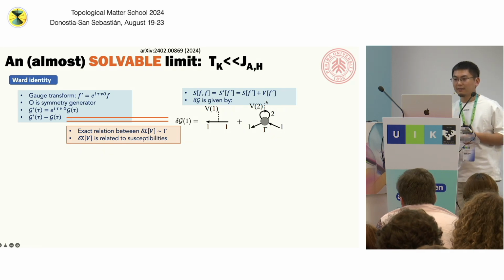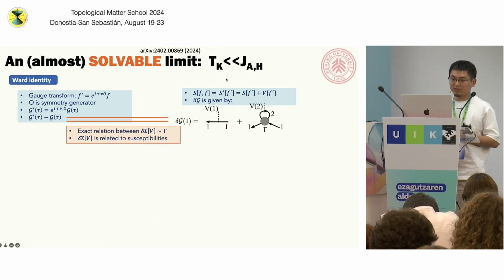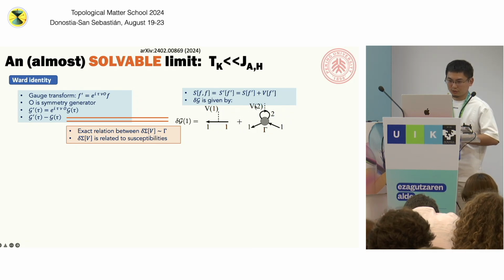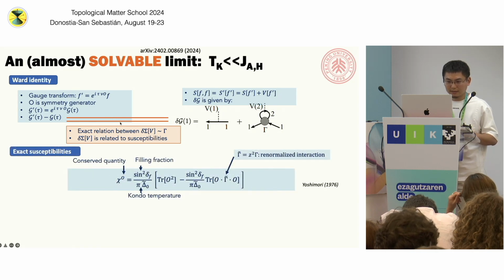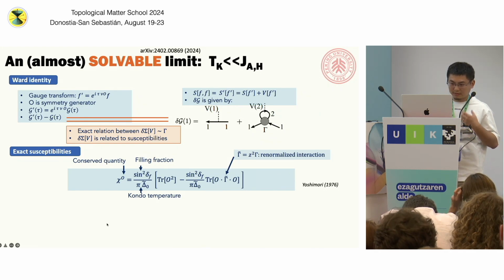On the other hand, you can also write this gauge transformation as a perturbation to your system, apply linear response, and obtain an expression for the change of this Green's function. And because we are calculating the same thing in two different ways, they must equal each other. And after some derivations, we can obtain this very useful result.